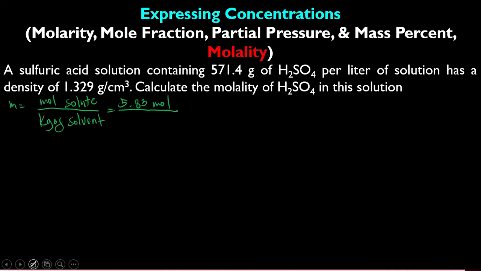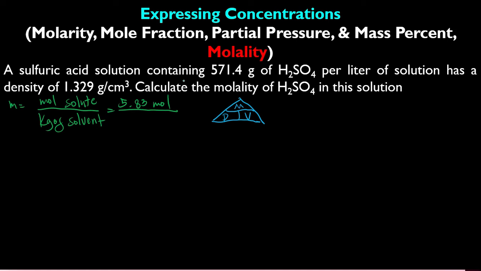So we can use the formula, our triangle. If we want the density, we divide mass by volume. If we want the mass, we multiply density by volume.